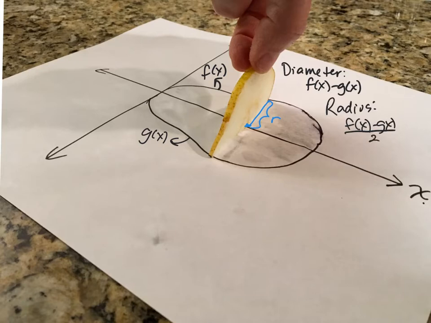Now that we have the radius, we can find the area of the base of this little half of a cylinder. So what would that be? That would be half of the area of a circle. The area of that base would be equal to pi r squared, but we don't want the entire circle, we just want half of that.